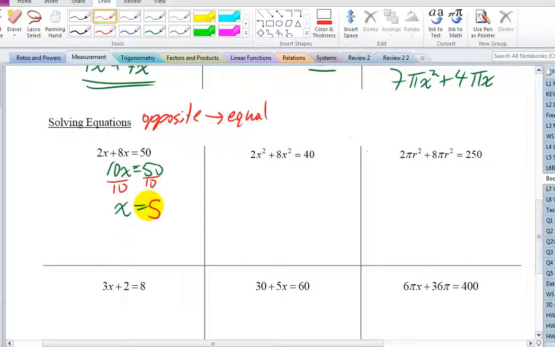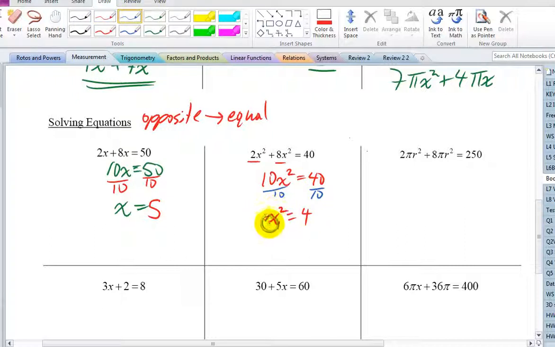All right, over here, same idea. Combine like terms first if you can. So you get 10x squared equals 40. Now we want to isolate x squared. So how do we get rid of the 10 again? Divide by 10 and do that to both sides to keep it equal. X squared equals 4. Now how do you get rid of x squared, folks?